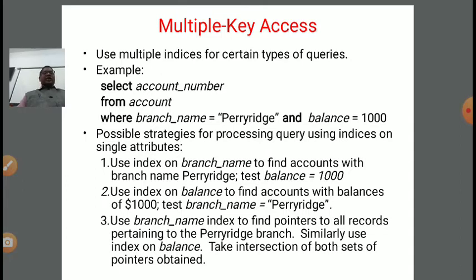Second, use the index on balance to find accounts with balances of 1000 and then test on branch name equal to Perryridge. Third, use the branch name index to find pointers to all records pertaining to the Perryridge branch, right? Similarly, use the index on balance. Now take the intersection of both the sets of pointers obtained, right?